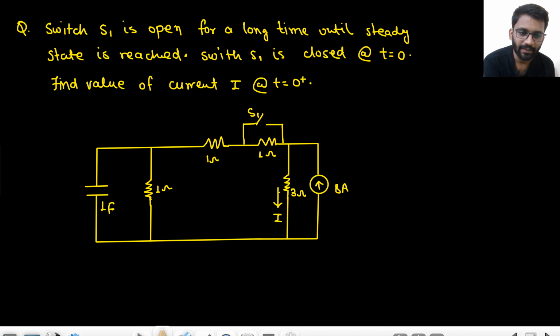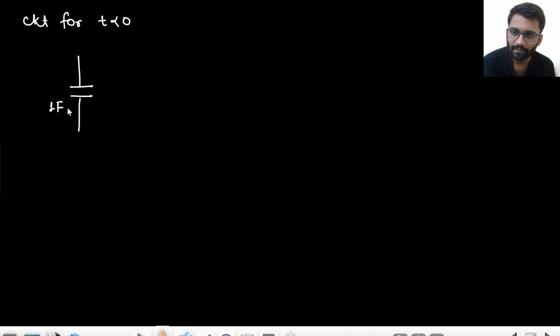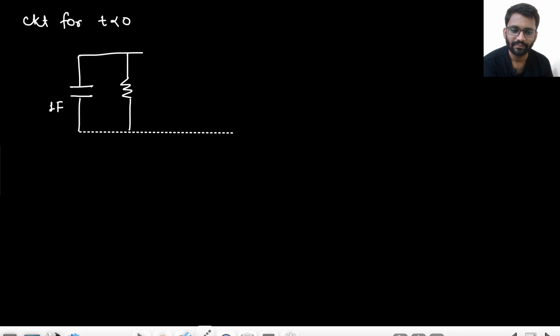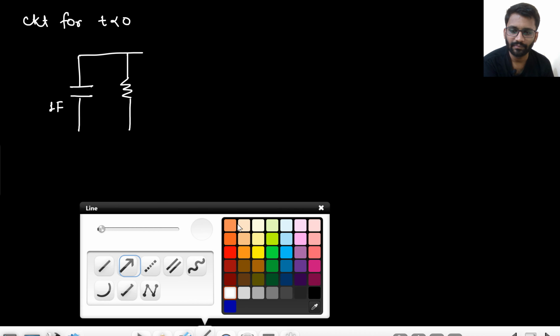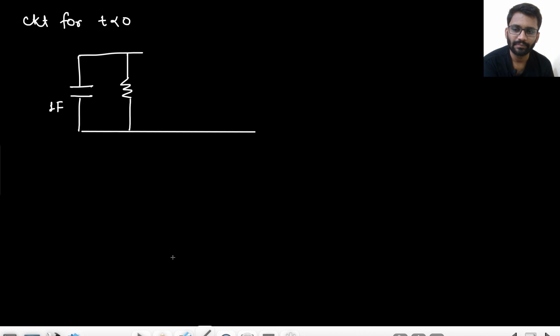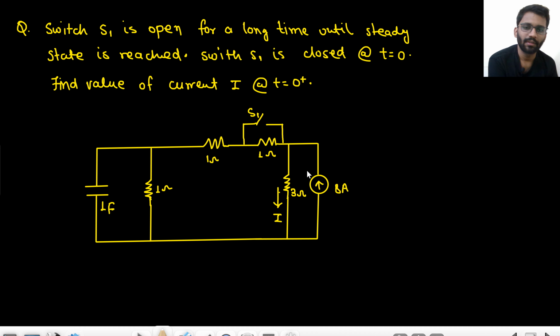So, circuit for t less than 0. So what was happening? This was a 1 farad capacitor. A 1 ohm resistance was there, and the switch was open, right?